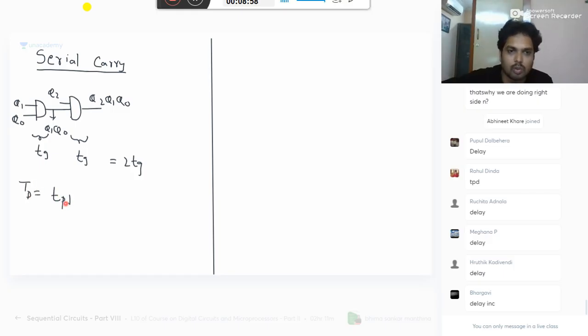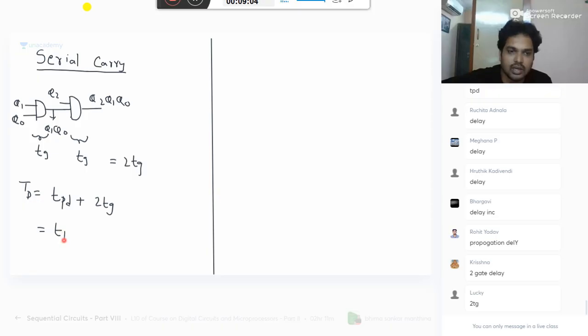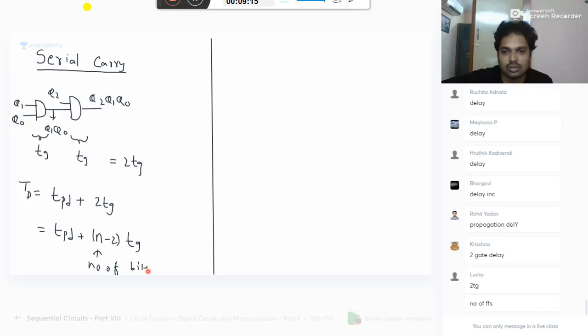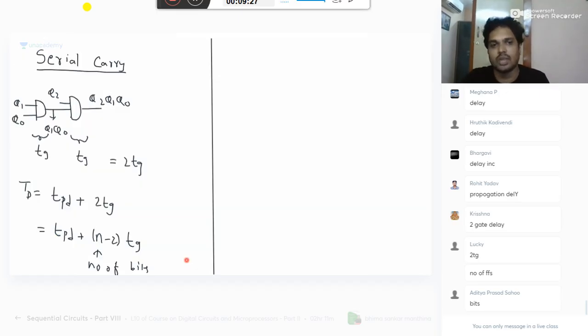You can write this as TPD plus n minus 2 times TG, where n is equal to number of bits. Why n minus 2, sir? Listen, for the first stage, no AND gate is there. For the second stage, no AND gate is there. From the third stage, fourth stage, fifth stage onwards, you will be getting one AND gate. You can also do this like this, what we call parallel carry.